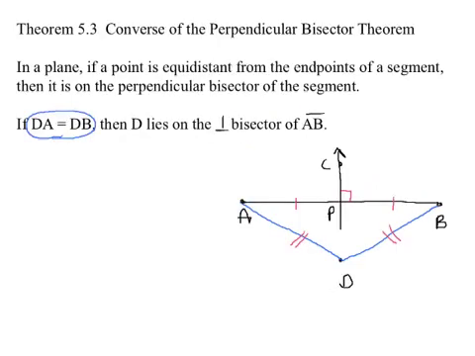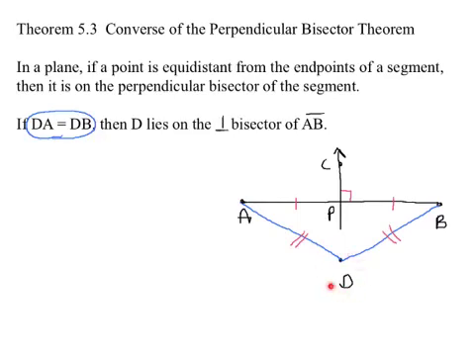All right, Theorem 5.3, the converse of the perpendicular bisector theorem. In a plane, if a point is equidistant from the endpoints of a segment, then it is on the perpendicular bisector of the segment. Let's look at the diagram.